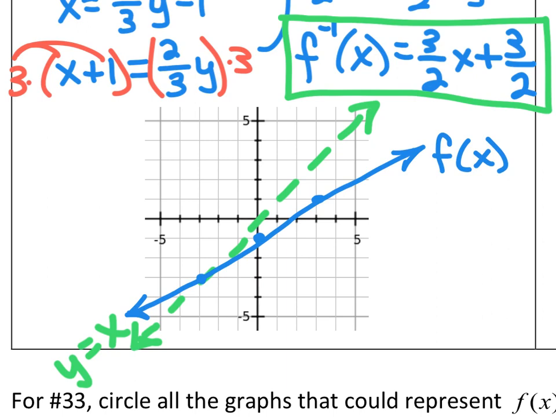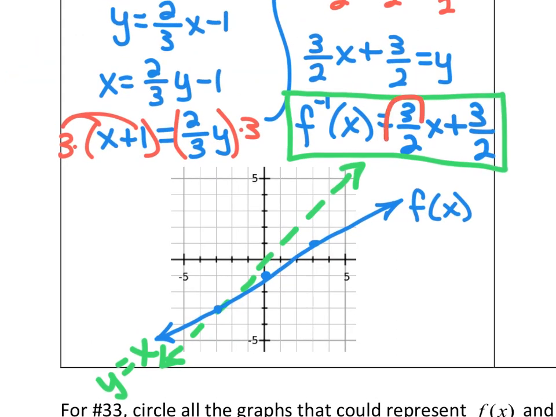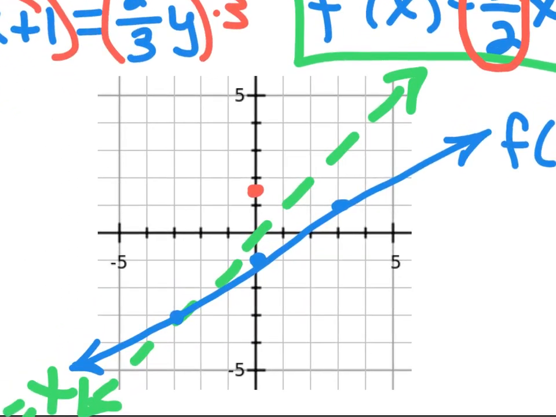And now I'm going to draw the inverse function, and again, that's y equals mx plus b, so 3/2 is both m and b. So I'm going to put my y-intercept at 3/2, which is 1.5. And then I'm going to go up 3 and over 2.